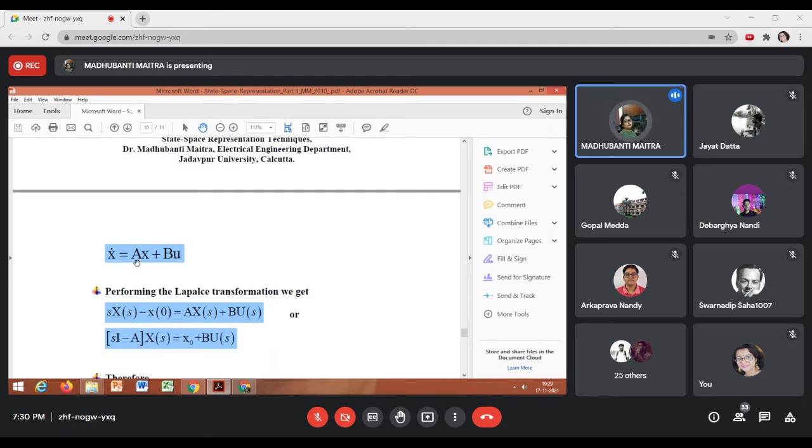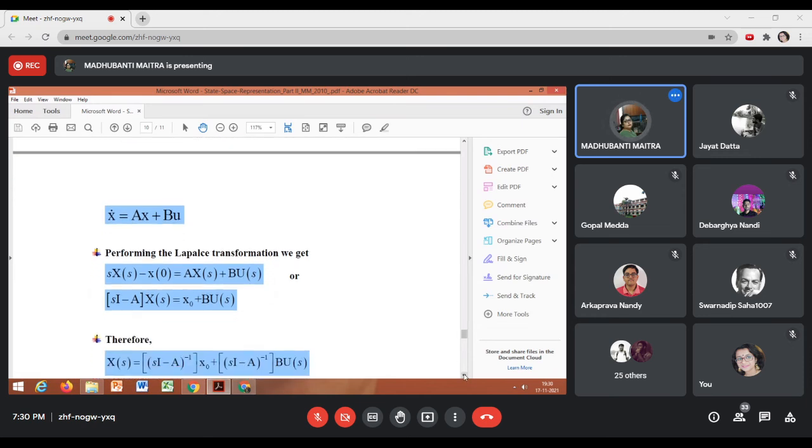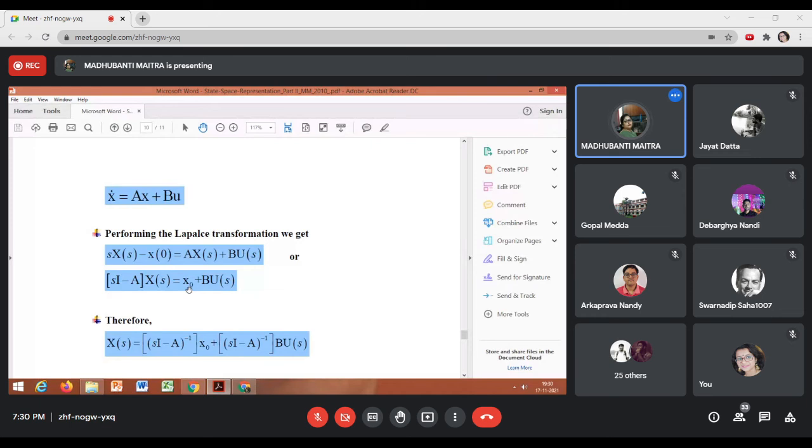And on the right hand side, we'll get AX(s) plus BU(s), that means the Laplace transform of the input. So after side transposition, we'll get (sI minus A) X(s) equal to x0 plus BU(s). So X(s) will be (sI minus A) inverse into x0 plus (sI minus A) inverse into B into U(s). Clear?